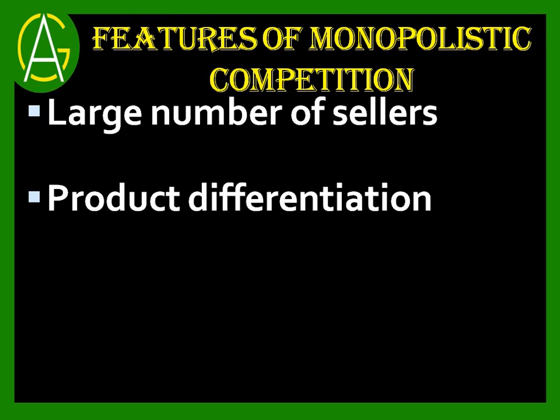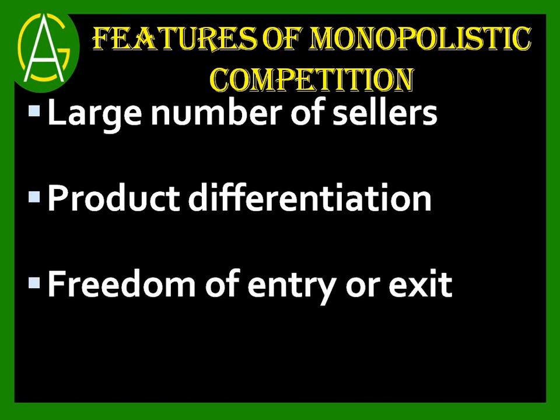Now this is very much different as compared to perfect competition. As we all know, in perfect competition the products are homogeneous, but here in case of monopolistic competition or imperfect competition, the products sold by every firm will be differentiated products.